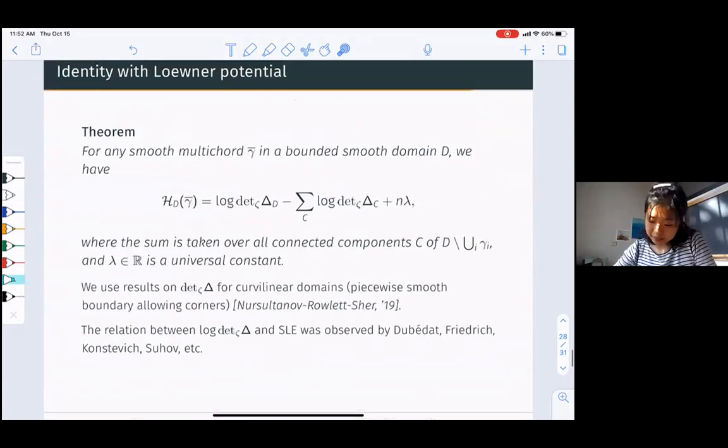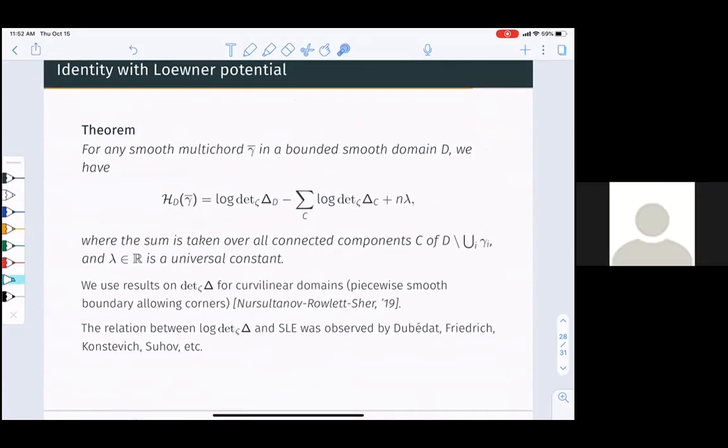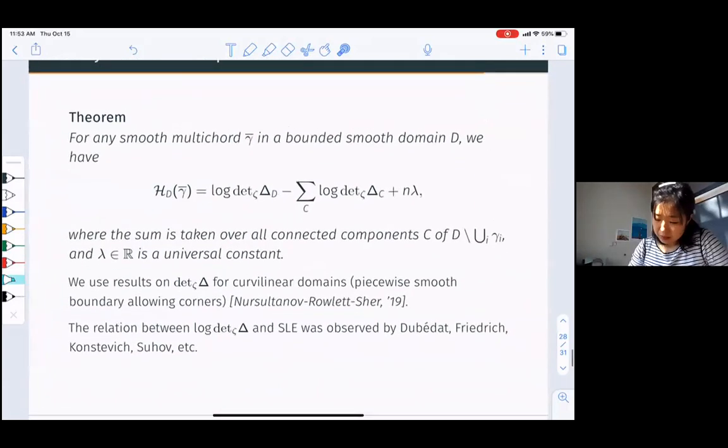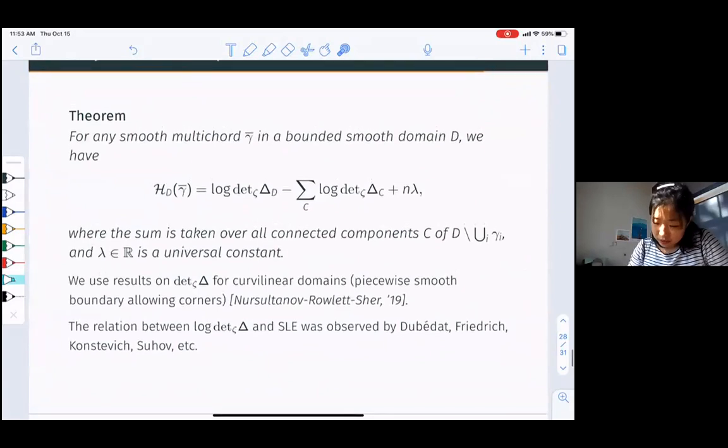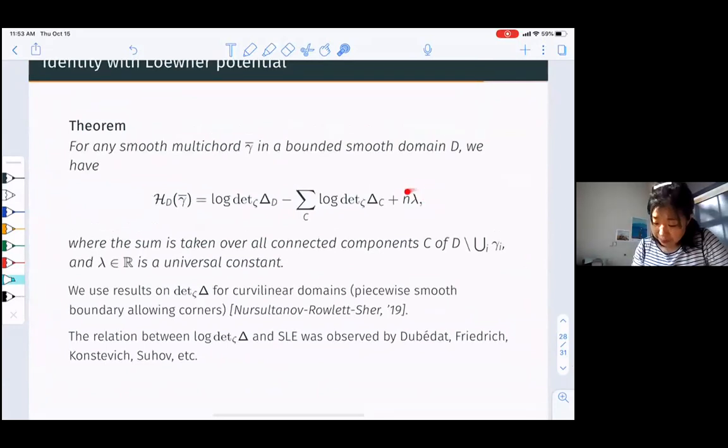Oh, lambda? All right. What we know is that lambda does not depend on anything. Lambda is a universal constant.